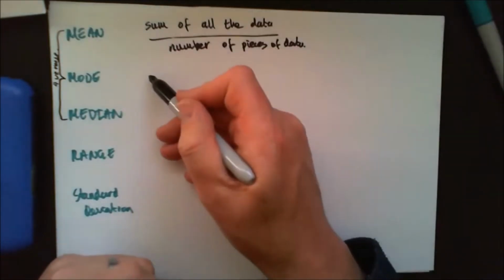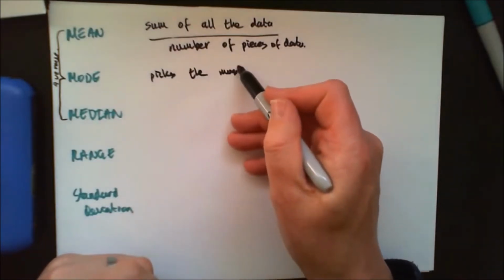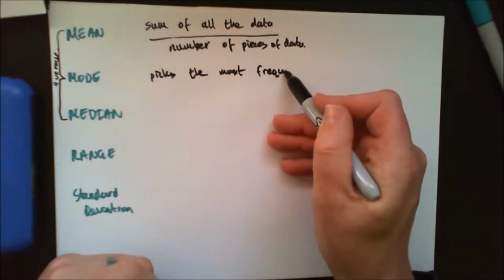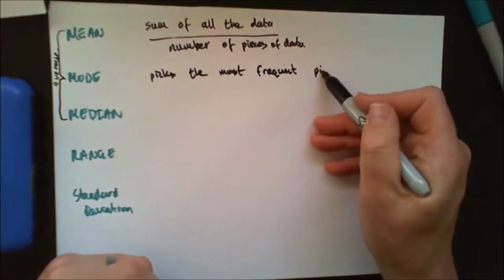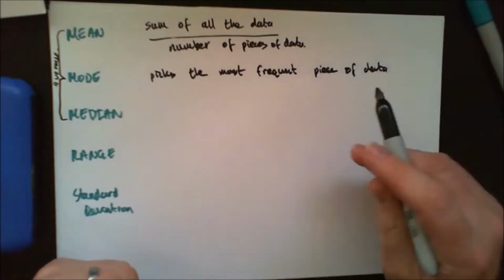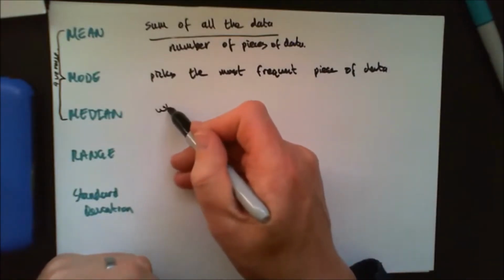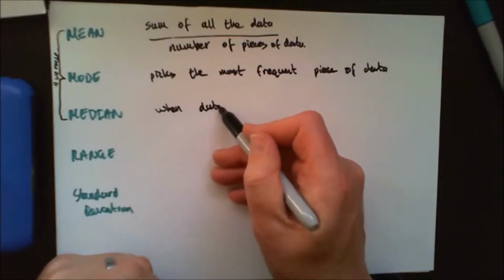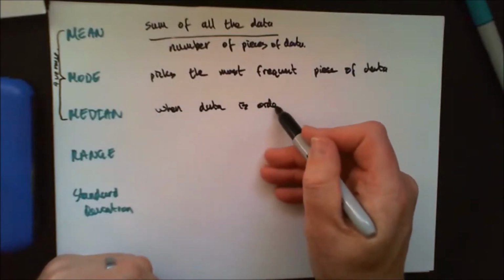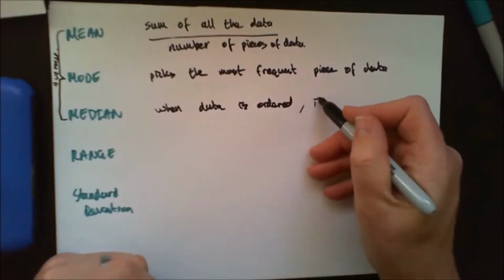The mode picks the most frequent piece of data. We'll see that in a second. And the median, when data is ordered, as in you put it in order, is the middle one.